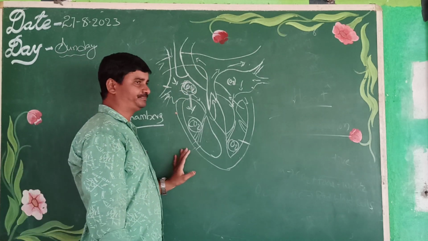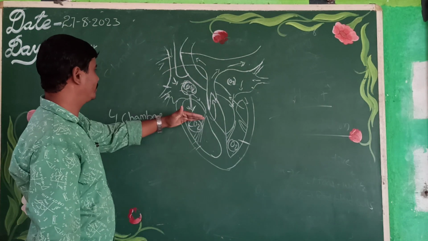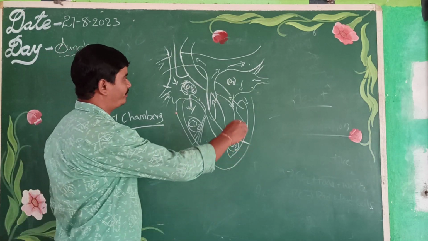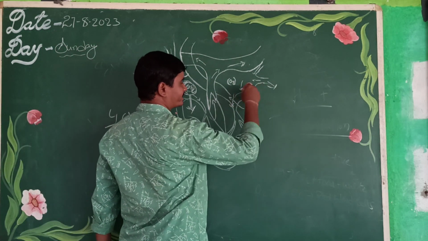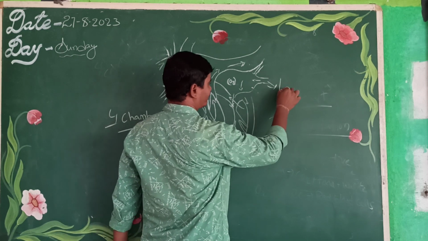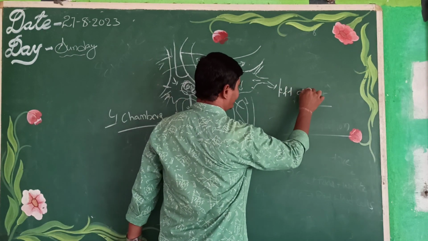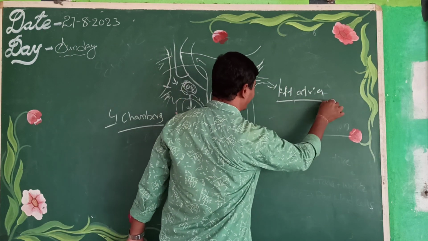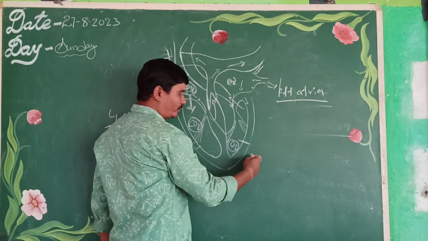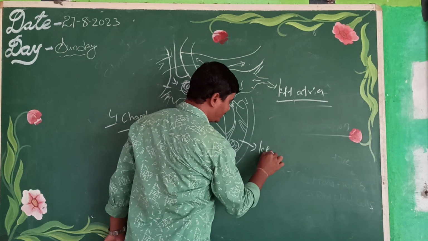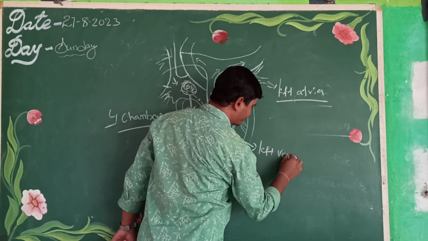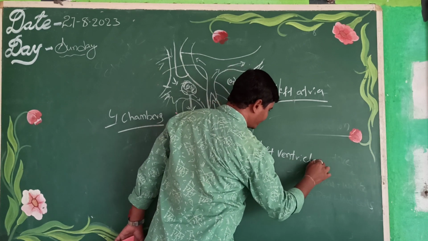So children, here upper chambers and lower chambers. The left side upper chamber is called the left atrium. The left side lower chamber is called the left ventricle.